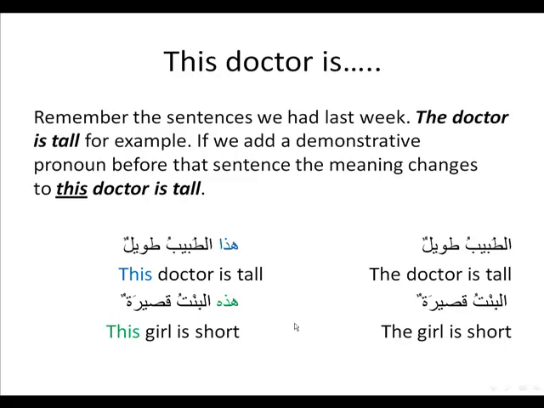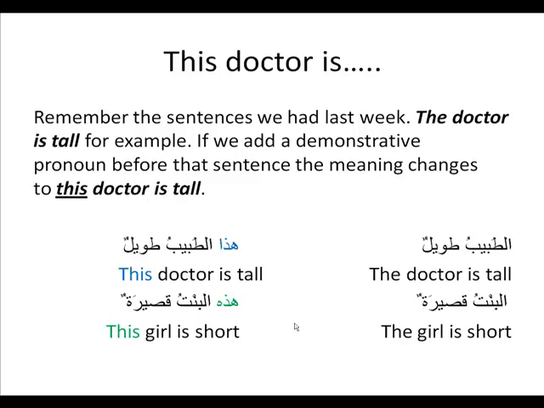The sentences we made last week consisted mainly of one definite word and one adjective to describe it, and the adjective stayed in the indefinite. And in those cases, the adjective works as a predicate.